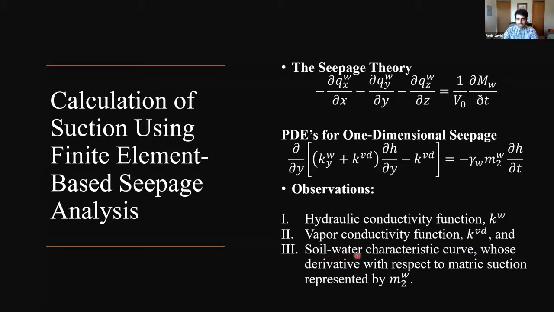And finally, we have the MWD2, which is representative of the suction that we obtained from the soil water characteristic curve that we have on the right. So it depends on these functions, and we need these values to solve this 1D seepage PDE.